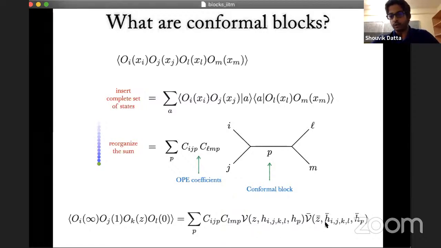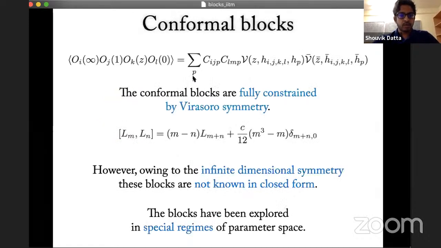I have in mind 2-dimensional CFTs, and each term in the sum holomorphically factorizes into the holomorphic dependence z and the anti-holomorphic dependence z bar. In 2 dimensions we have Virasoro symmetry, and this Virasoro symmetry actually fixes the form of this conformal block.